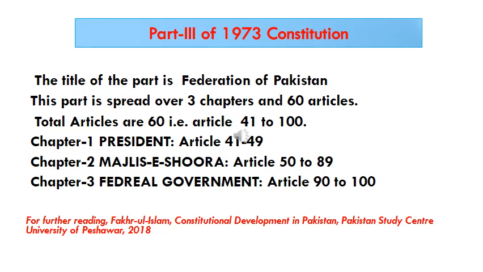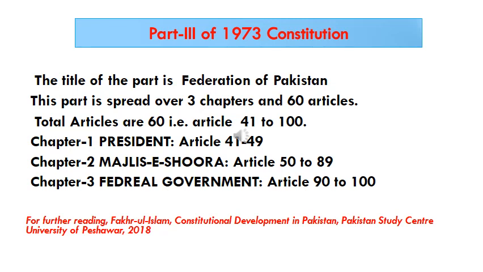The first one is that he must be a Muslim by faith. And the second is that he will be at least 45 years of age. I mean, if he is less than 45 years of age, he will not be qualified to contest the election for the post of the President.